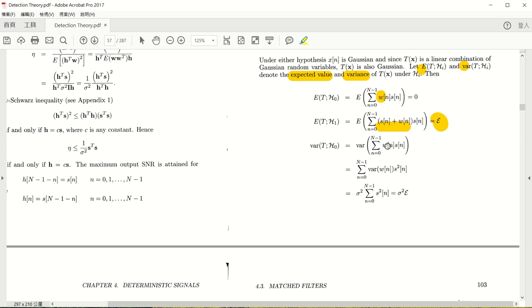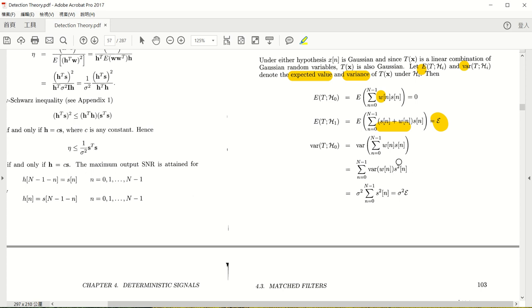This is a random variable. The W is a random variable. S is what? S is a constant. So S is not a random variable. So when it goes out, it becomes 0. No, excuse me. It becomes square. When a random variable is multiplied with a constant and the variance is taken, the constant can be taken out with a square outside of it.